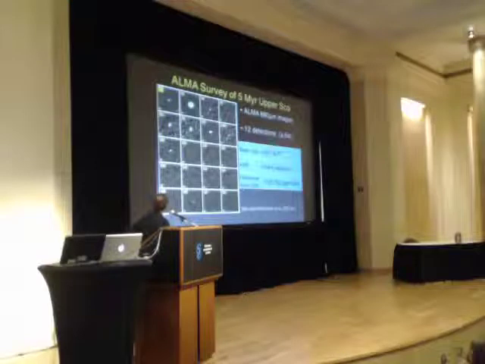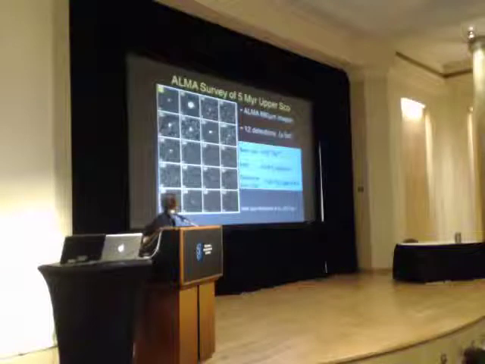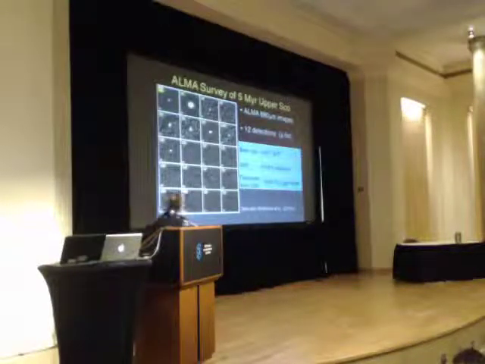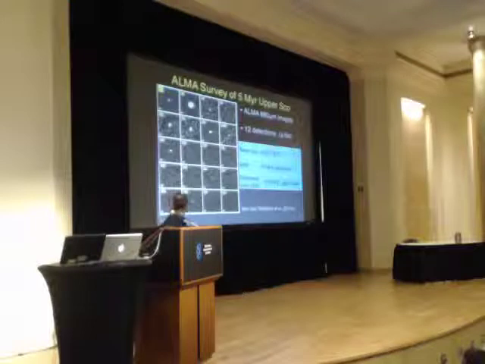The most obvious thing to notice is that the earlier type stars, especially from K2 to roughly M3, have brighter submillimeter emission than the later type stars, the M4 to M5s. Now there is a stellar luminosity effect in here. These earlier type stars are more luminous than the later type stars, but it's a weak function.